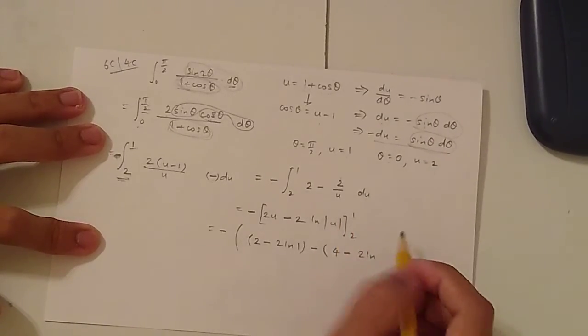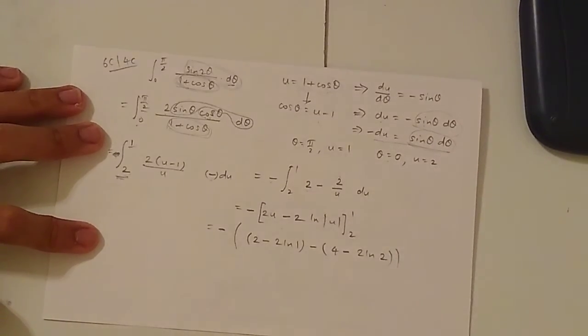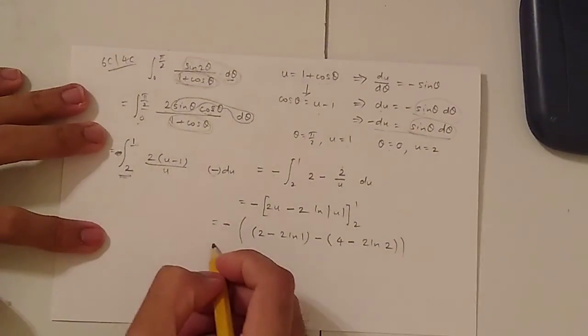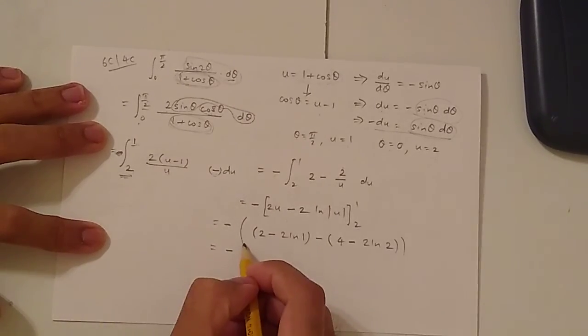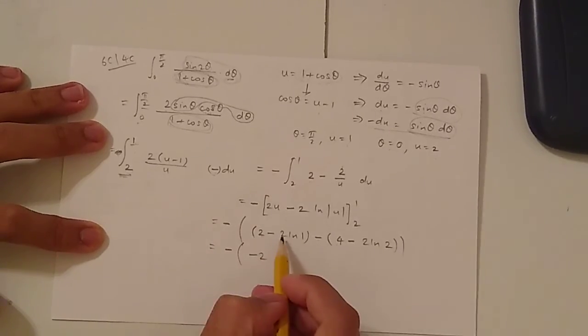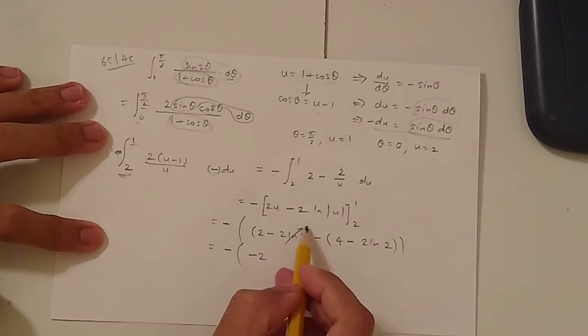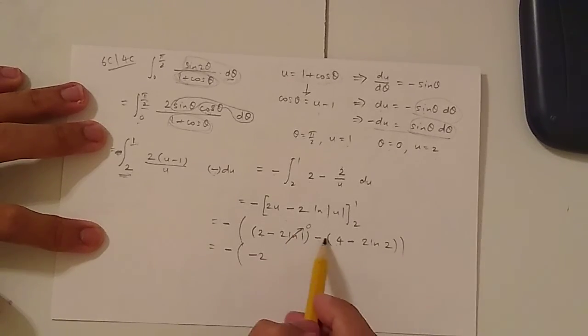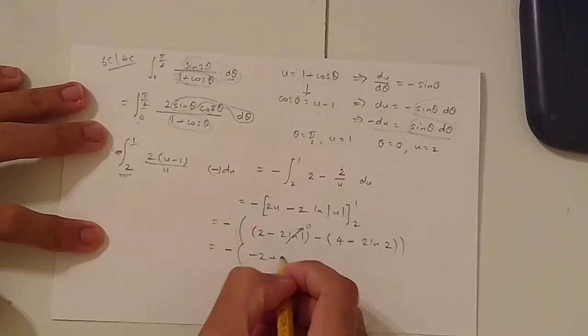Modulus 2 is again 2, so you can easily neglect the modulus symbol. Continuing, we have minus, let the minus still stay the same. 2 minus 4 is going to be minus 2. ln 1 is 0, so this thing cancels out. We get minus of minus 2 ln 2 becomes plus 2 ln 2.